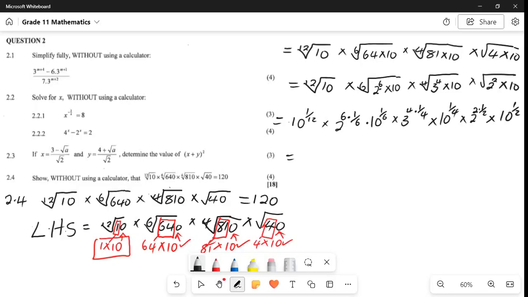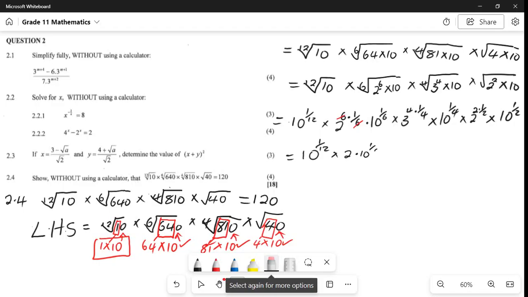This is equal to, let us leave the first one as it is, 10 to the power 1 over 12, and here 6 and 6 will cancel each other and we'll be left with 2 to the power 1, which is just 2. I'm not going to write that. You are in grade 11, you are supposed to know that by now. 2 to the power 1 times 10 to the power 1 over 6.